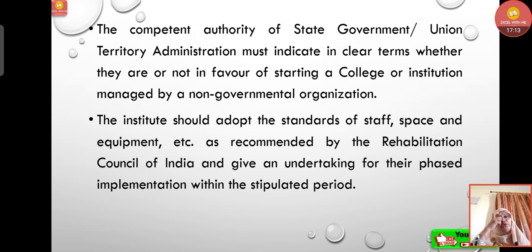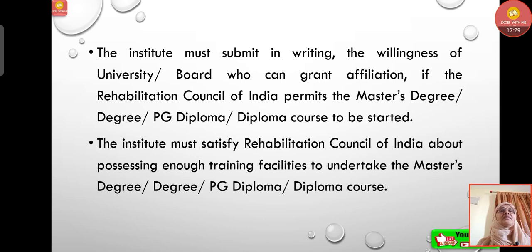Then the institute should adopt the standards of staff, space and equipment etc. as recommended by the RCI and give an undertaking for their phased implementation within the stipulated period. Then the institute must submit in writing the willingness of the university or board who can grant affiliation if the RCI permits the master's degree or PG diploma or diploma course to be started.